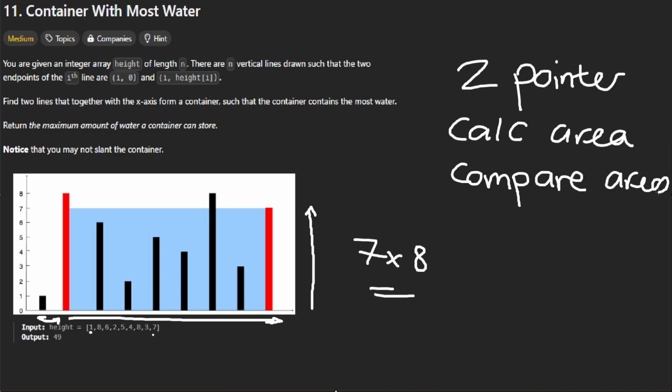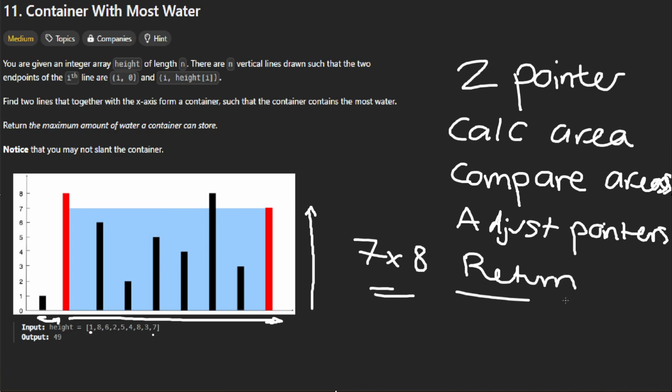Oops, that should say areas. And we then want to adjust our pointers accordingly, whether they need to move left or right. And we will then return our result, so we'll terminate our loop and return our result in the end.